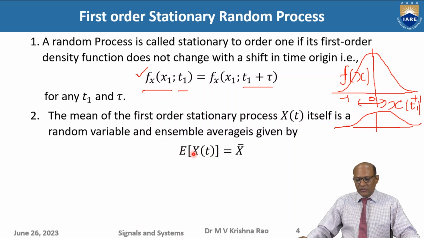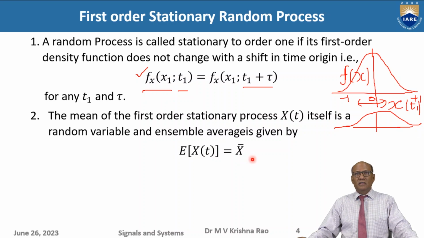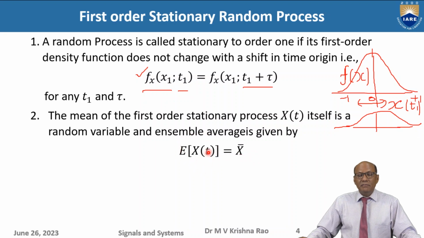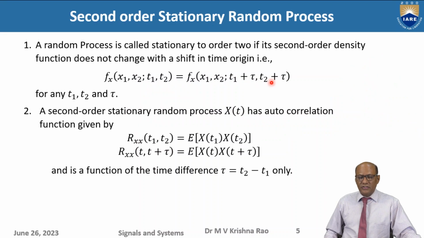For that, if I take the expectation, I call it X bar, and it is a constant. So a first order process is one whose expectation of the random variable taken at any instant is constant. If the mean, or ensemble average, is constant, then it is called a first order stationary random process. That is all about the first order stationary process.